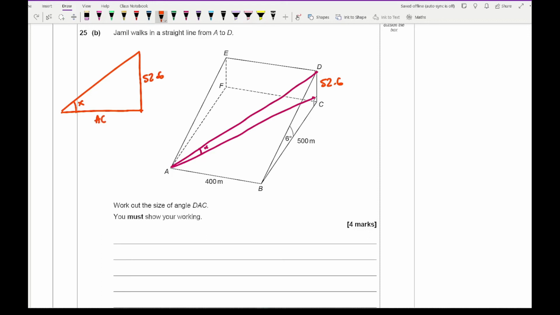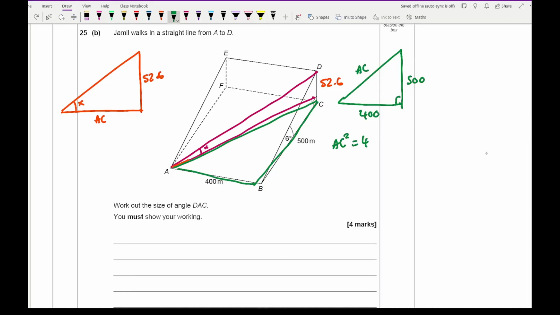Now I can use a range of methods. I'm going to have to use Pythagoras to work this out. So looking at this triangle here, that green triangle, it's a right angle triangle, and this is 500, this is 400, and this is A to C. So using Pythagoras, I get AC squared equals 400 squared plus 500 squared.